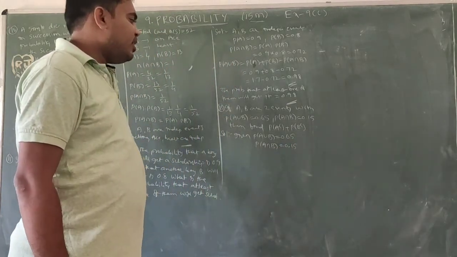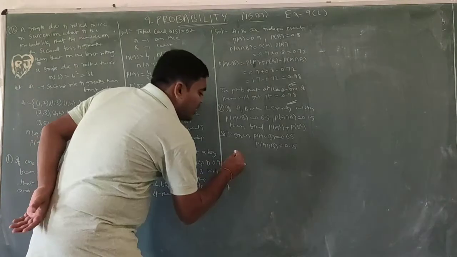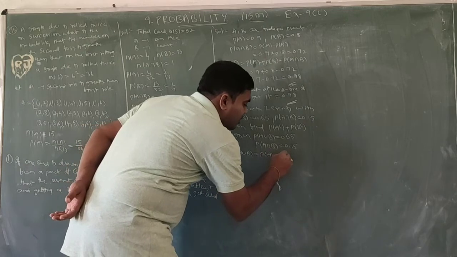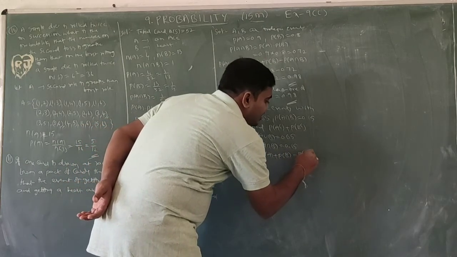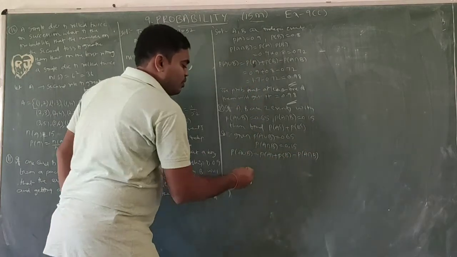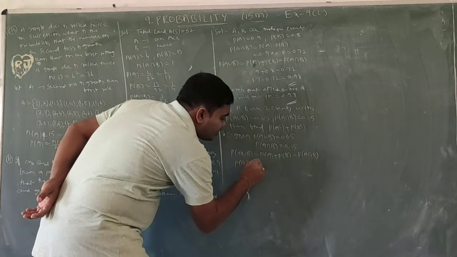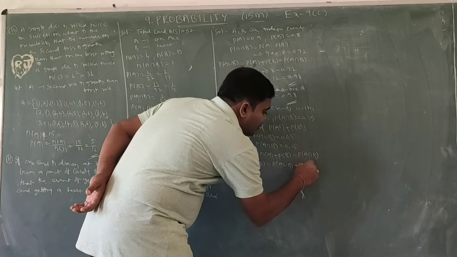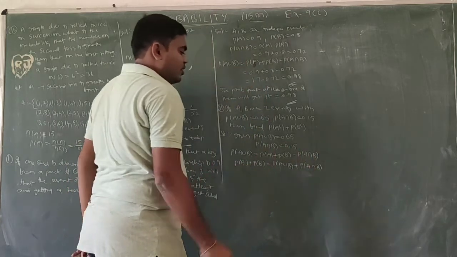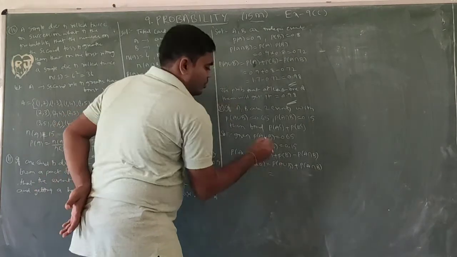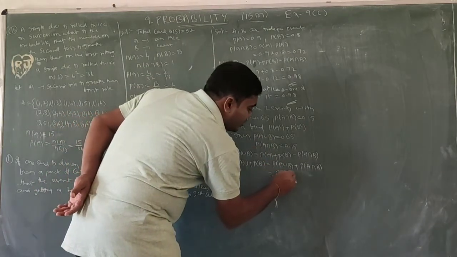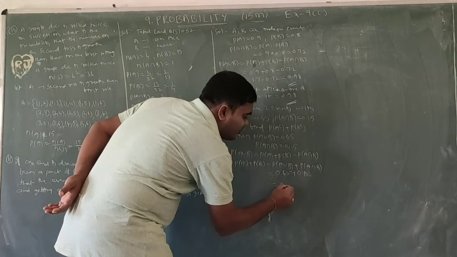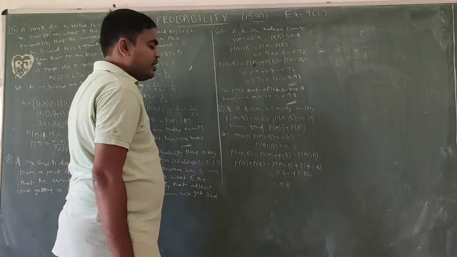P of A union B formula: P of A plus P of B minus P of A intersection B. Now P of A plus P of B equal to P of A union B plus P of A intersection B. Bringing this one outside. So this is 0.65 plus 0.15, which is equal to 0.8.